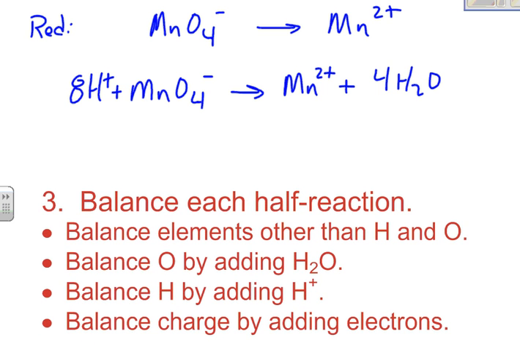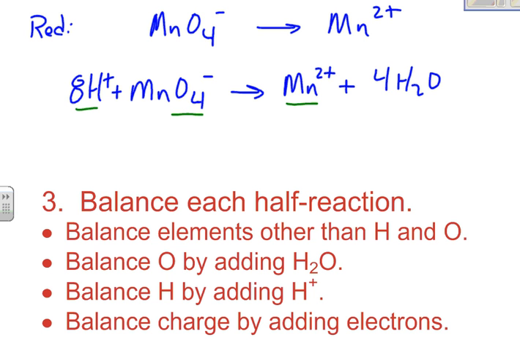And then I've got to balance the charge by adding electrons. So right now I have 8 positives on the left and 1 negative. So that's going to be a total of 7 positives on the left-hand side, and I have 2 positives on the right.